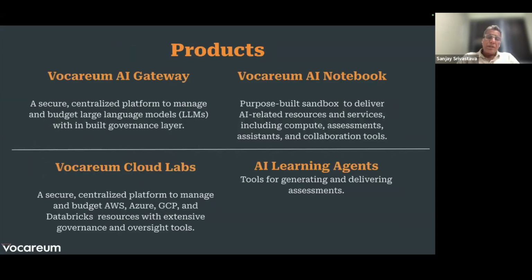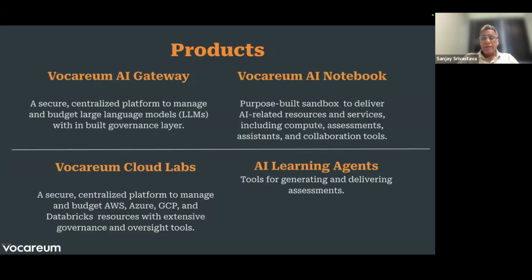In terms of the products, the way we are presenting them is in these four big categories. We will be talking about the one at the top, which is Vocareum AI Gateway. This is a product more targeted at IT, where you can apply a governance layer to distributing AI resources.